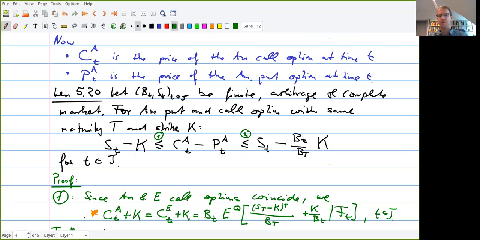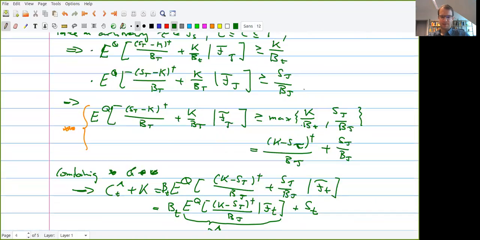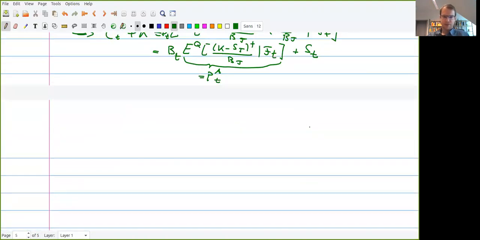Now we want to prove the second one, so that we can estimate the difference of the price of the American call option minus the price of the American put option by the right-hand side. Okay, so this is, as I promised you, not too hard. So let me finish with this proof.